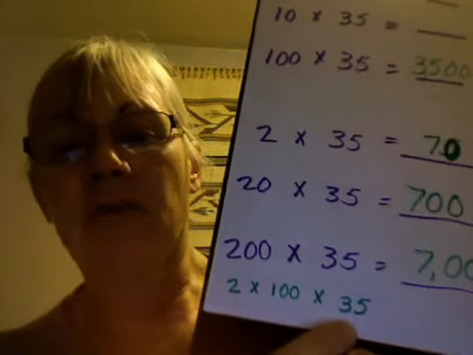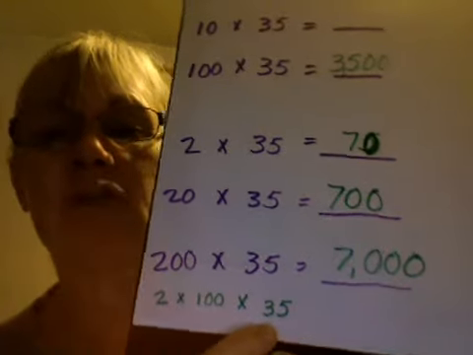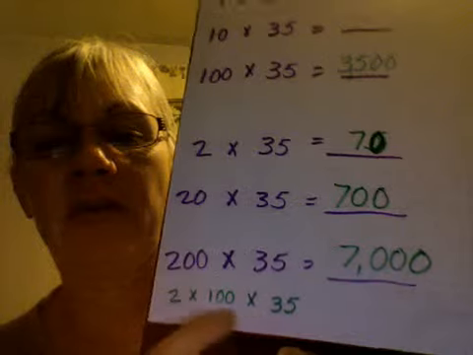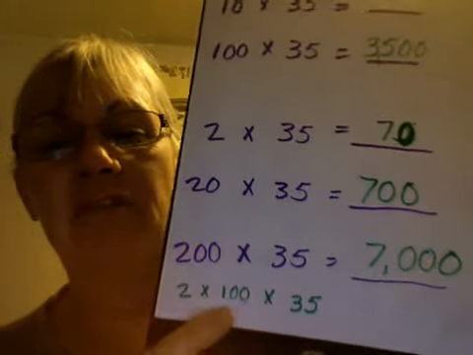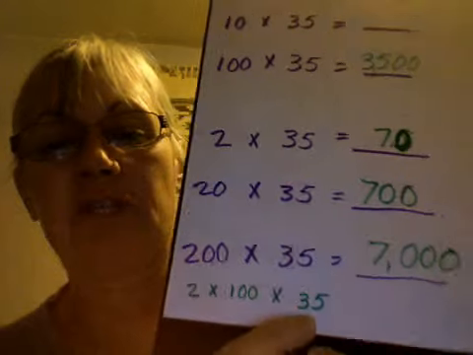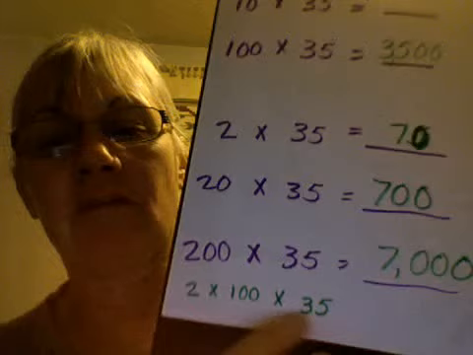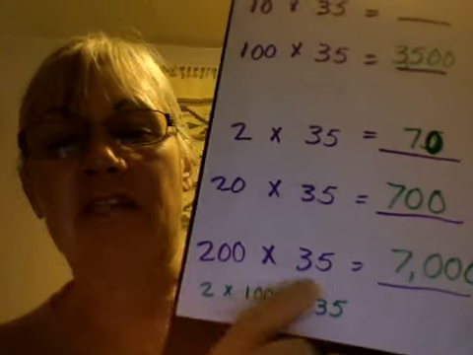Then you can work with that in any order you like, because of the associative property of multiplication. You can multiply in any order, and the result will always be the same. I like to think of 35 groups of 100 first, because my brain knows, oh, that's 3,500, then multiply that by 2, and you'll find out that the answer is 7,000.